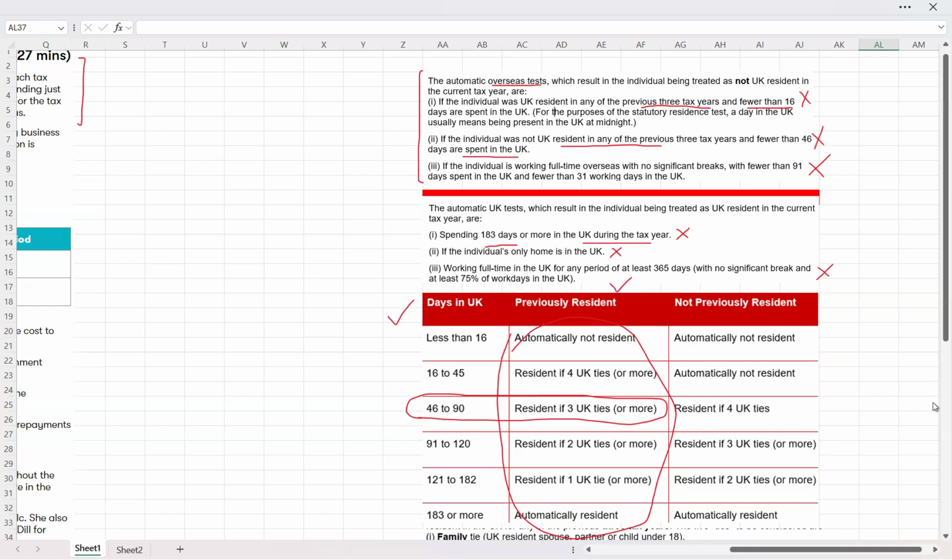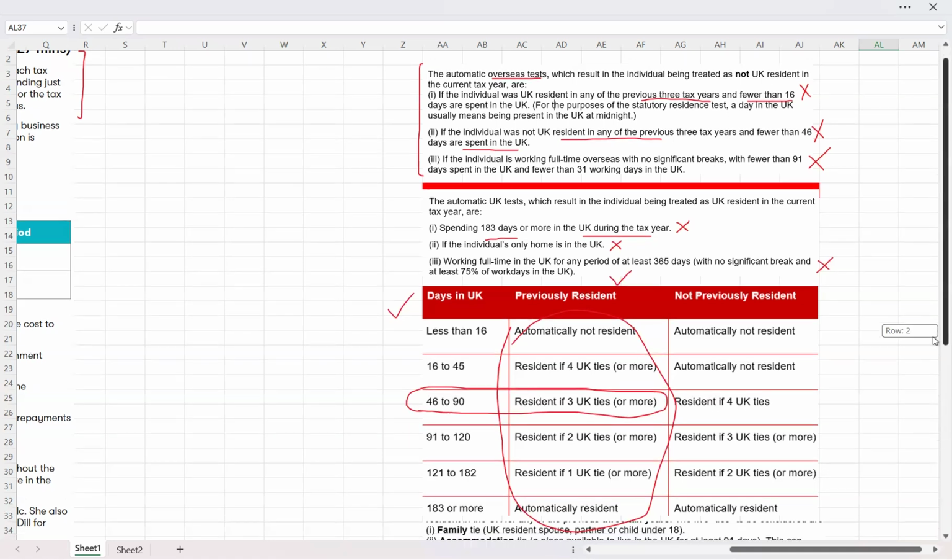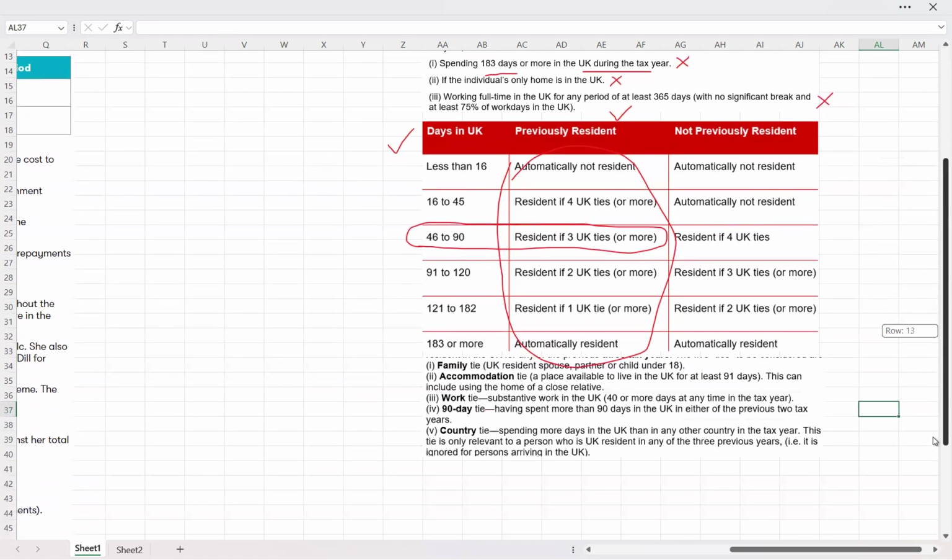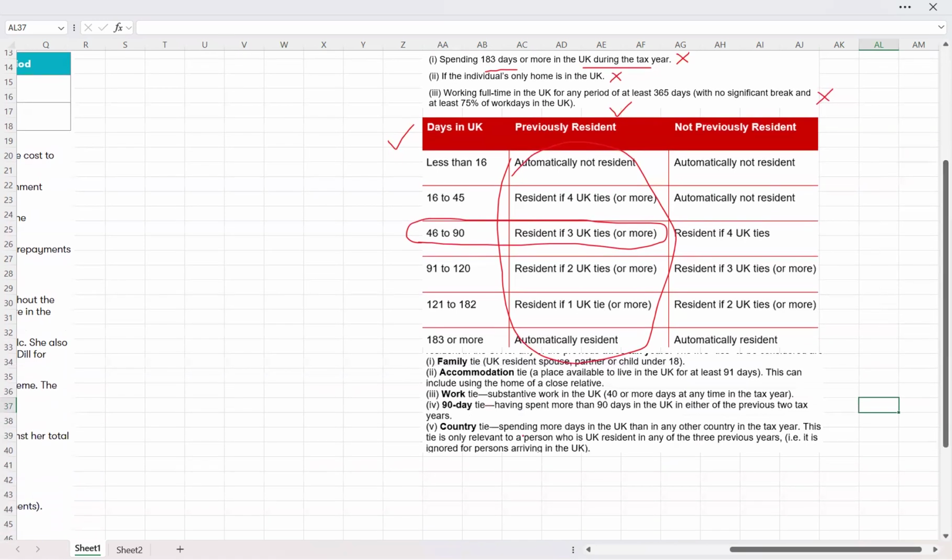So one tie is obvious: Dill has an accommodation. For your understanding, I've also brought the ties. What could the ties be? There could be a family tie: close family living in the UK, a UK resident spouse, partner, or child under 18. Having accommodation is a second example of a tie with the UK.